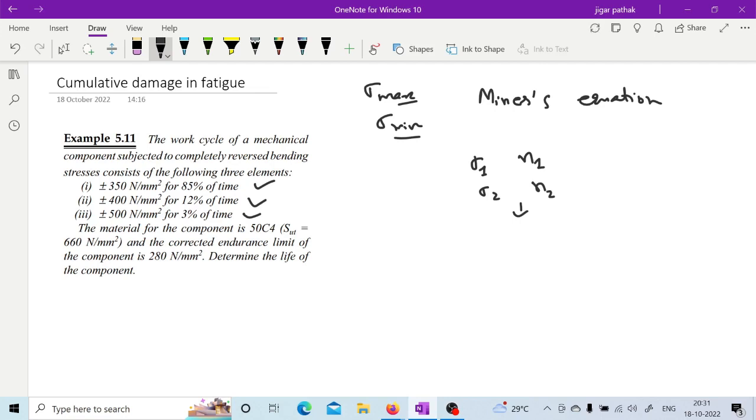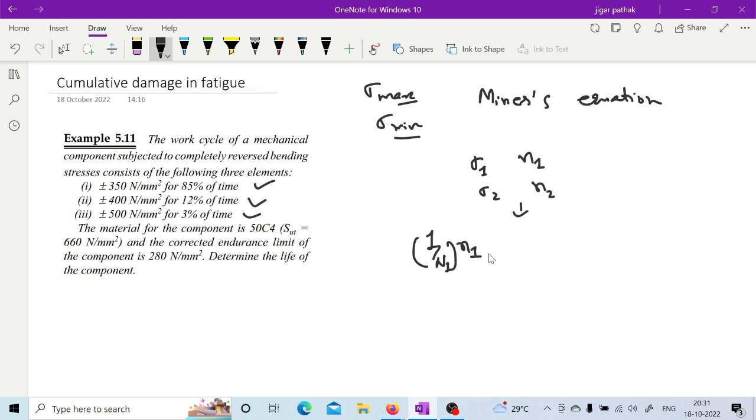So the damage due to this particular stress can be given as 1 upon capital N1 into the number of cycles n1, where N1 is the life if the same stress is acting alone.